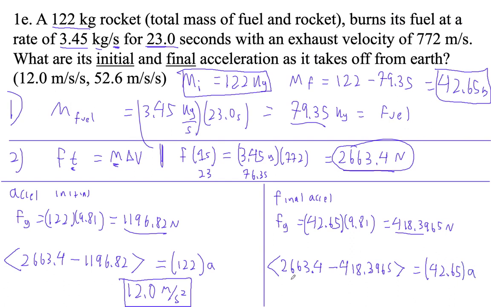Let's see. Where is it? Minus, so 2663.4 minus the 418 number. That gives me 2245.0053, and then divide by the 42.65 number. I'm so lazy. I'm using the up arrow on my calculator. I don't know why. There it is.